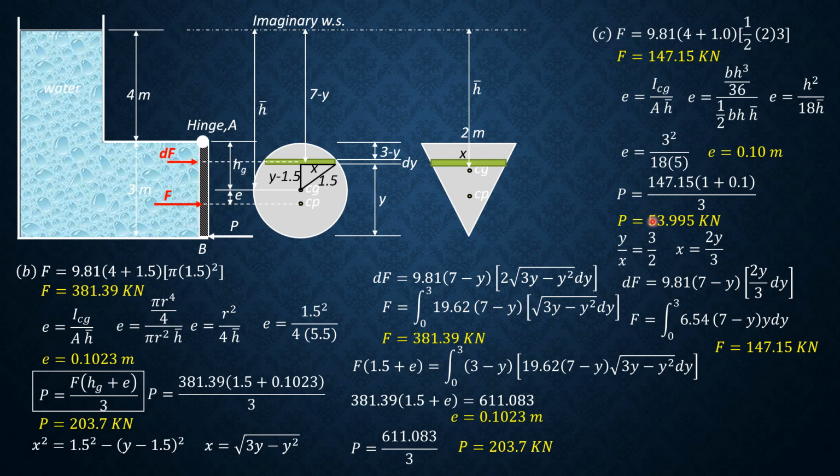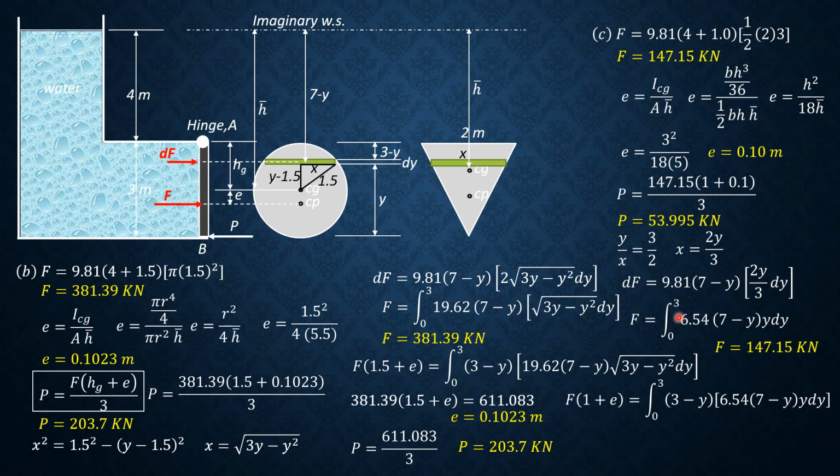Then for the moment of F about the hinge, so F times 1 meter plus E is equal to integral of differential force times 3 minus y, integral 0 to 3 of 3 minus y times differential force, which is 6.54 times 7 minus y times y dy.